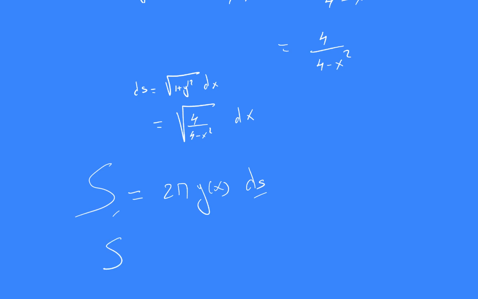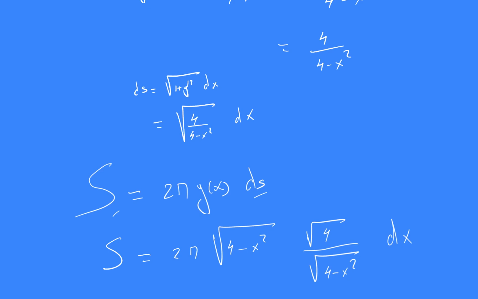So the surface area will be 2 pi, y of x is the square root of 4 minus x squared, and ds is the square root of 4 divided by the square root of 4 minus x squared dx. And now I can see that this will cancel with this.